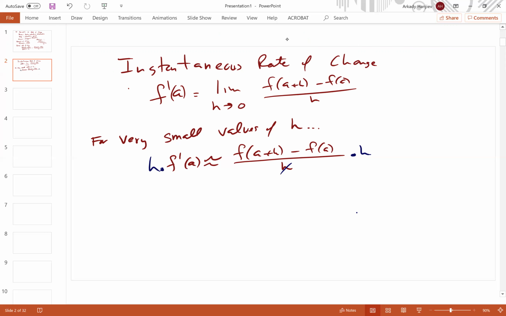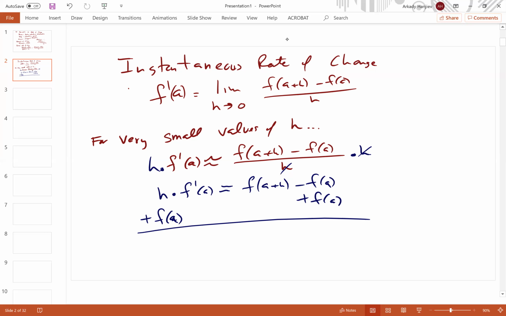We're just messing with formulas now. And then let's add f of a over here.